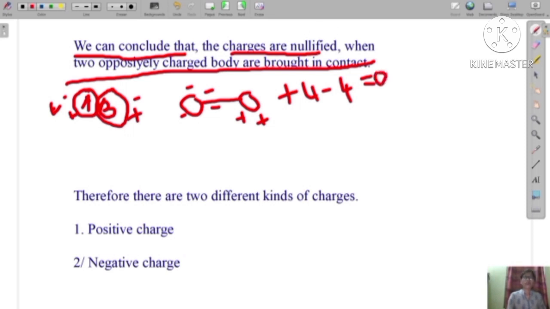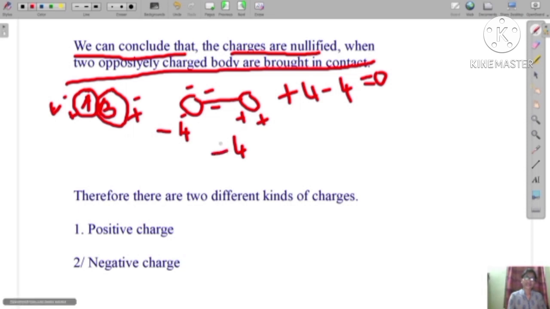Similarly, when two bodies have different kinds of charges with equal amount, let us see here. Body A has 4 charge, and what kind of charge is it? Let me take it as minus charge. And consider this body B has 4 similar charges, but it has the positive charge.